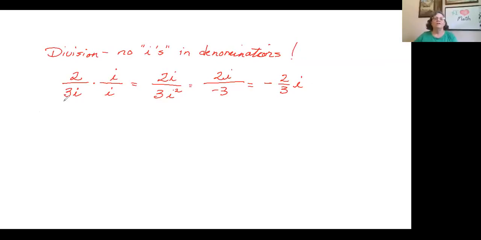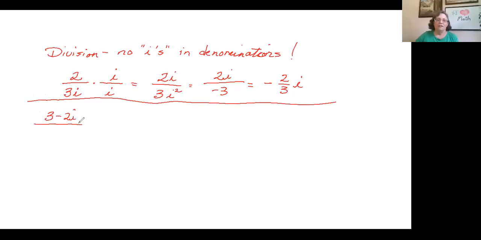If you have more than one term in the denominator, it gets quite a bit trickier. If we had, say, 3 minus 2i divided by 5 plus 4i. Now I can't multiply this by i over i because it'll make this a negative 4, but it'll change this to a 5i.